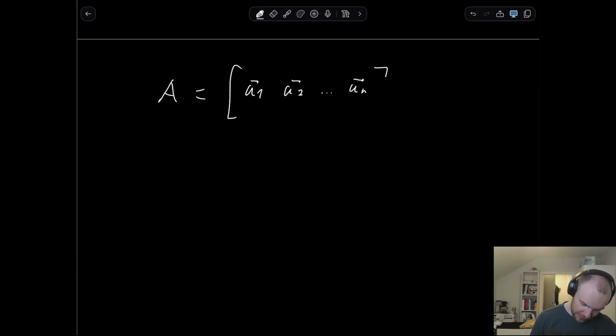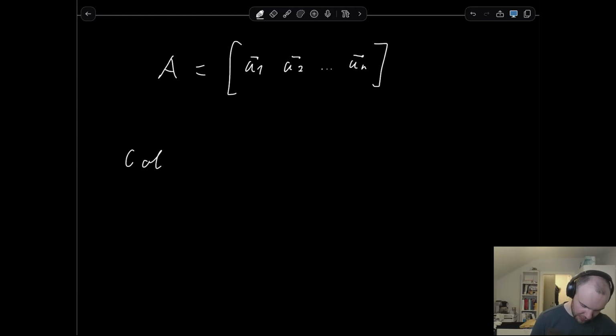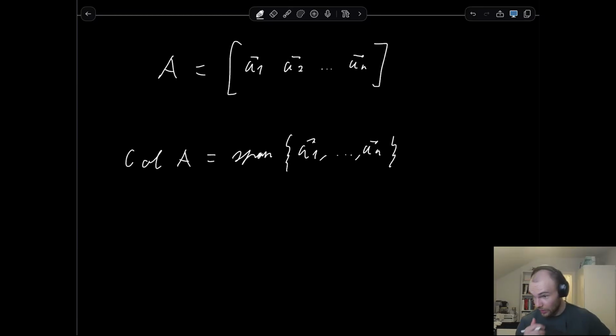Then we can explicitly say that the column space of A is equal to the span of those vectors, A1 up to An. That's the column space, right?